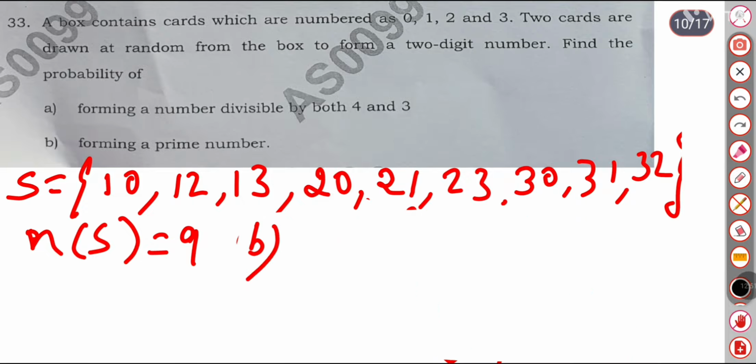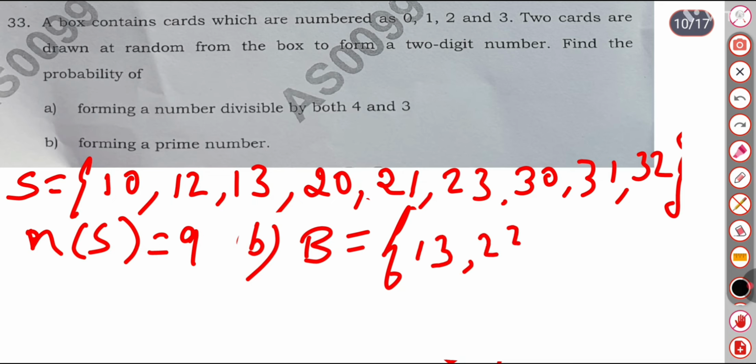Next, we'll find B. In this, what they're asking, forming a prime number. What are the prime numbers? 2-digit prime numbers we have to find out. That is, event B is equal to 10 is not prime, 12, 13 is a prime number. So 13, 23 is a prime number and 31 is a prime number.